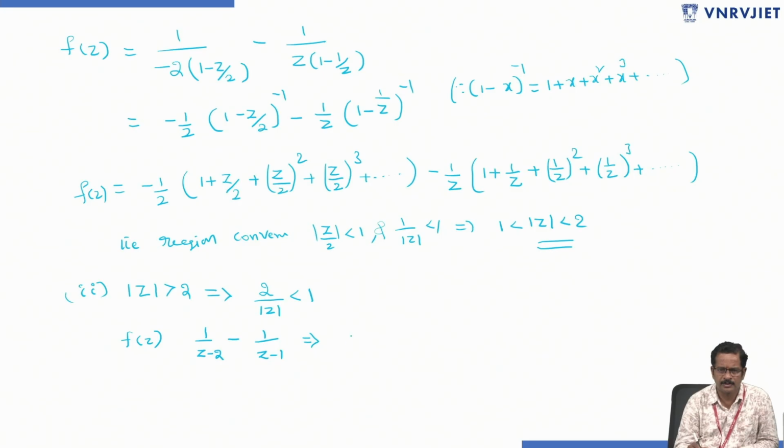So I am writing this as 1 by z, and if I bring z common, 1 minus 2 by z, minus, since mod z is greater than 2. For 1 by z minus 1, write z minus 1 as it is. Don't go for any expansion.